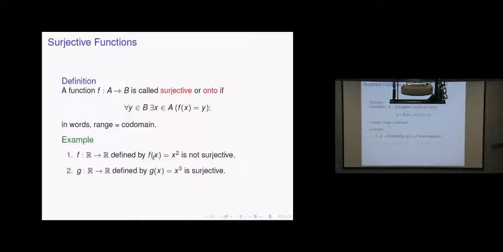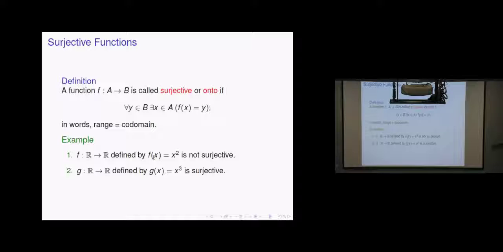Look at our old friends again. Suppose f is defined by f(x) equals x squared. Is this surjective as a function from R to R? No, because anything squared is non-negative. You miss all the negative numbers.